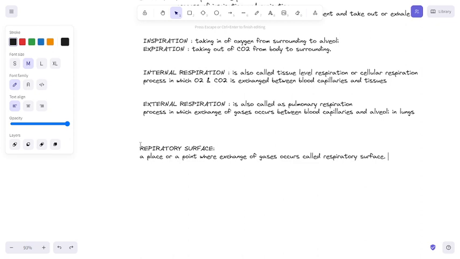A place or point where exchange of gases occurs is called respiratory surface. ऐसी जगह जहाँ पर exchange of gases हो इसको हम बोलते हैं respiratory surface.